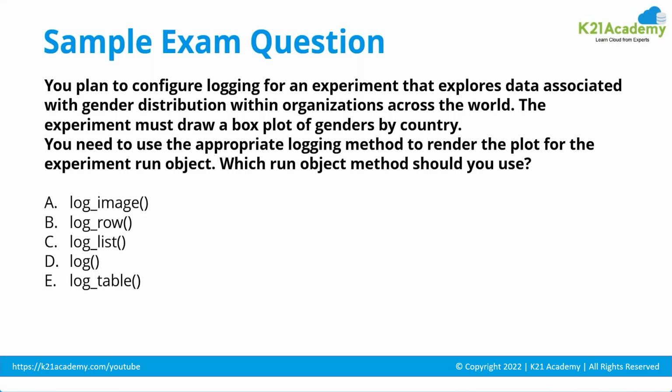Which run object method should you use? The keyword here is box plot. That is one of the types of visualizations, and most of the time it is used to visualize and see if there are any outliers or anomalies inside your data set.